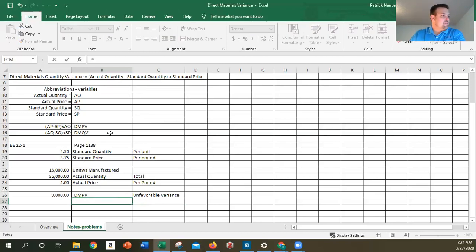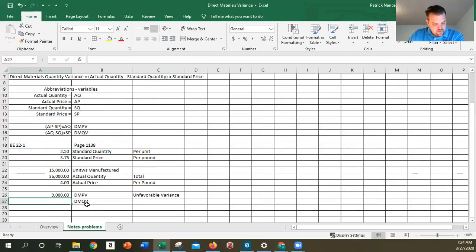So now onto my direct materials quantity variance. I need to take my actual quantity minus my standard quantity times my standard price. Now, one of these is pretty easy. I've got my actual quantity, that's 36,000, right?